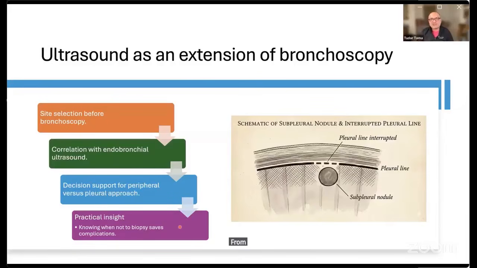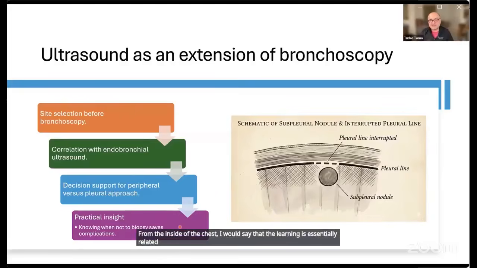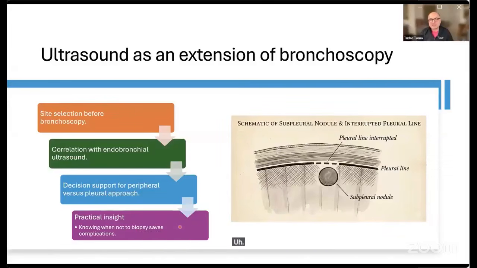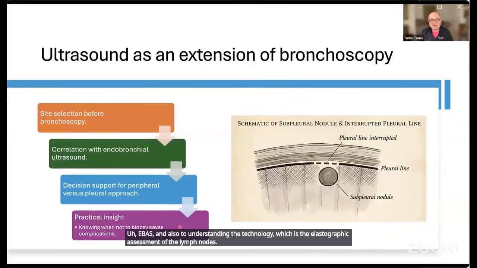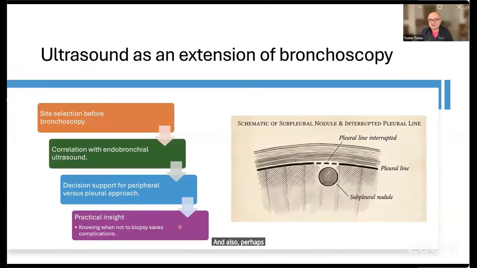From the inside of the chest, I would say that the learning is essentially related to optimizing the image at EBUS, and also to understanding the technology, which is the elastographic assessment of the lymph nodes, and also perhaps the use of contrast.